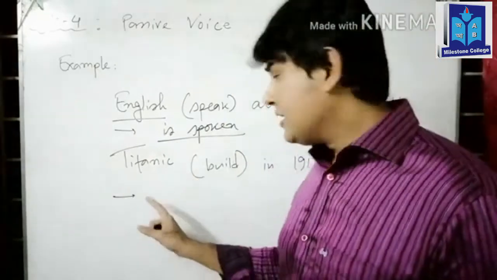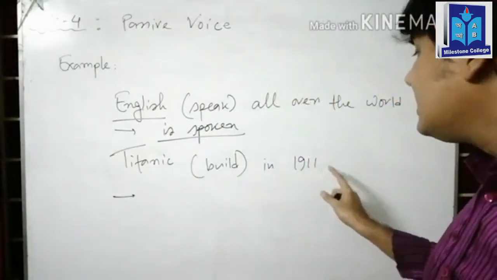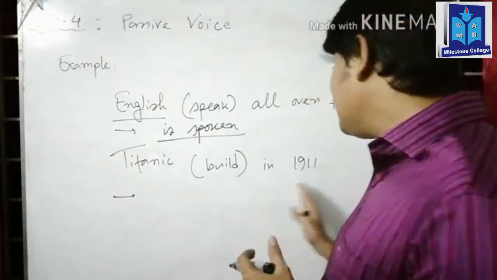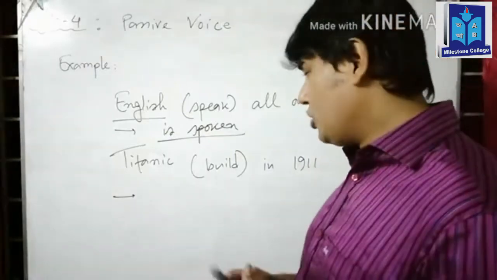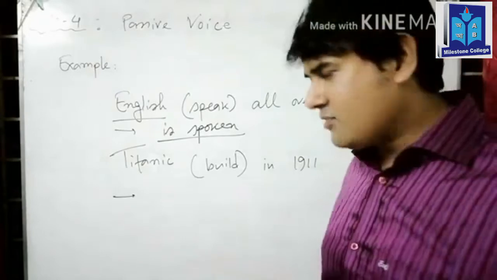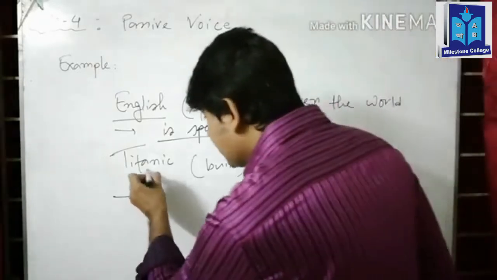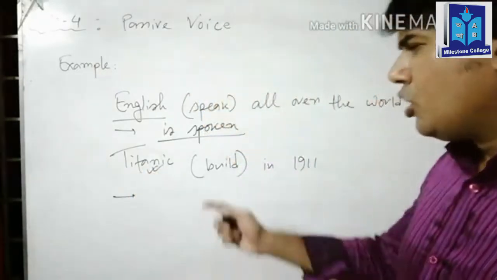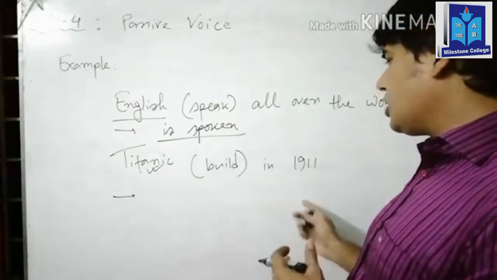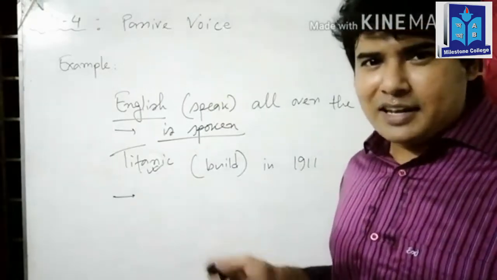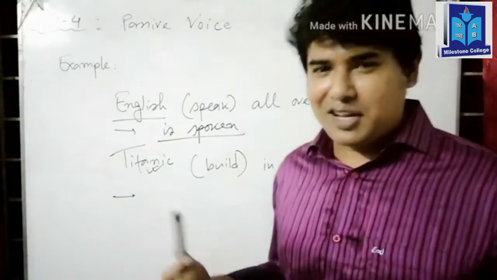And the next one, Titanic, built in 1911. It indicates a past tense first, and then Titanic, the subject. So what do you think? Can Titanic build a ship? No. Or build anything? No, it's not a transformer at all.